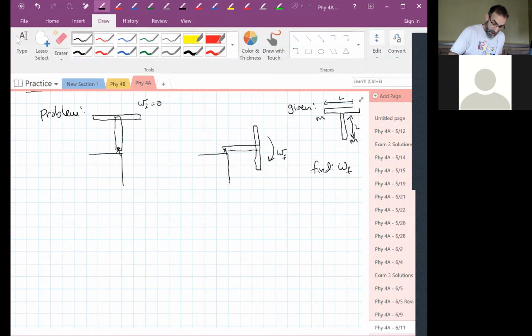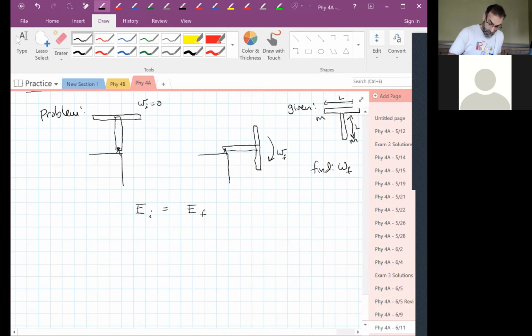So what's a good way to solve this problem? Energy. No friction, no air resistance.